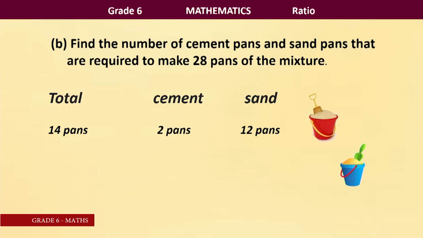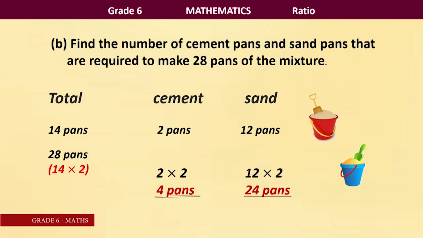Mathematically we can write the answer: 28 pans is 14 multiplied by 2. Then cement pans: 2 multiplied by 2. The answer is 4 pans. Then what is the number of sand pans? 12 is multiplied by 2.